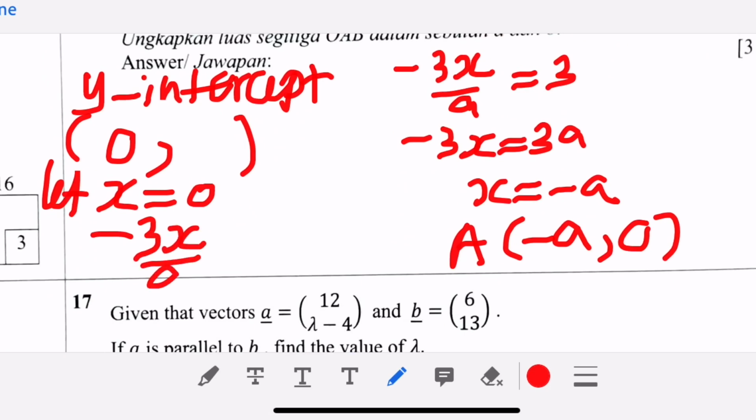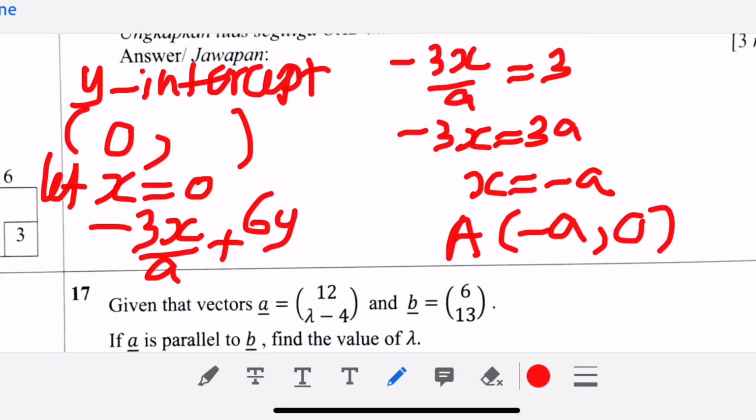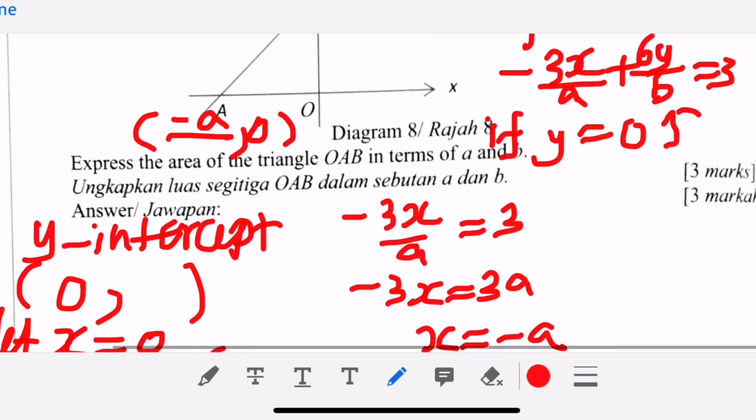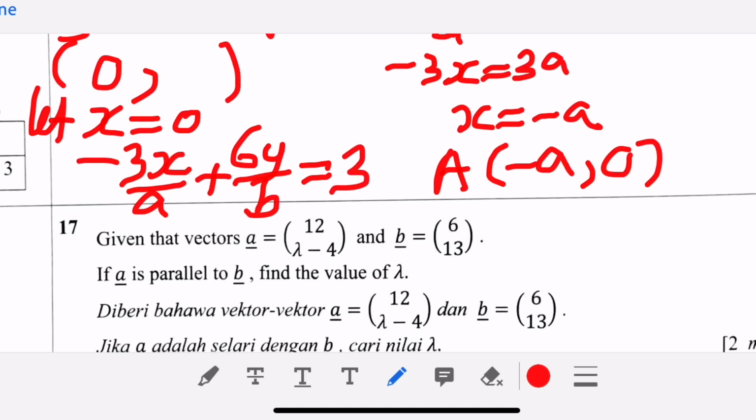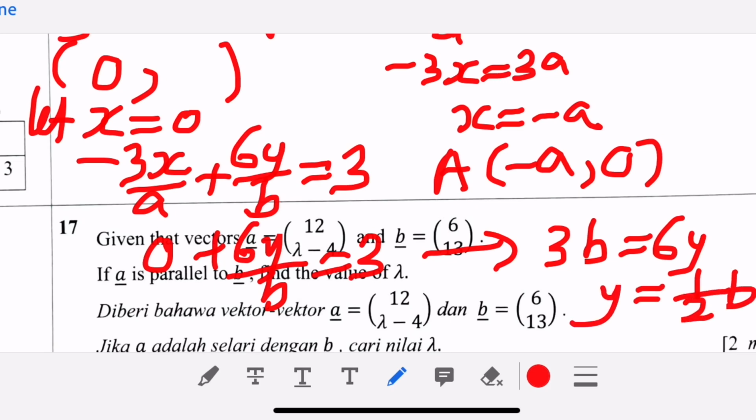So we will substitute x equal to 0 into the equation. So our equation is negative 3x over A plus 6y over B equal to 3, right? So when you substitute 0, the negative 3 times 0 over A will be 0. So we try to solve for y. So that means 3B equal to 6y. So we are getting y is 3B over 6, which is 1 over 2 B, right?